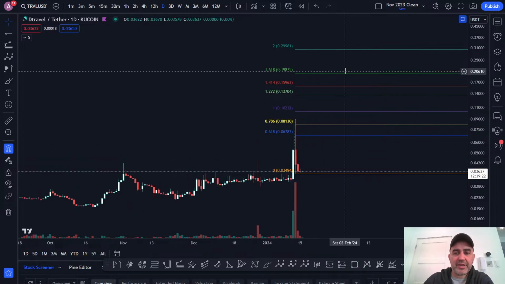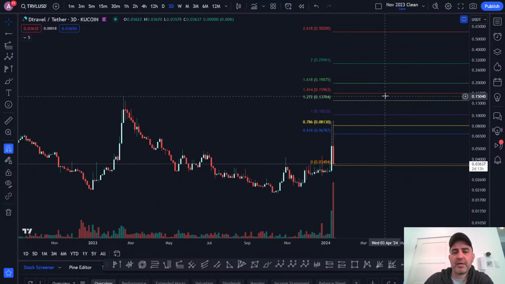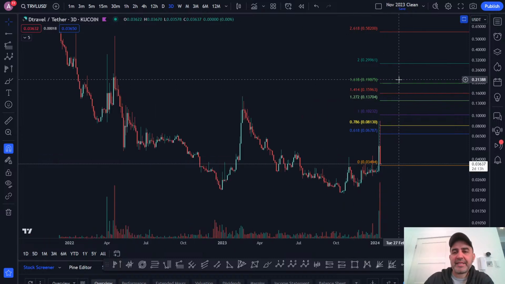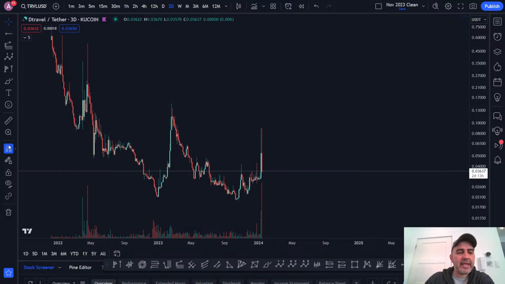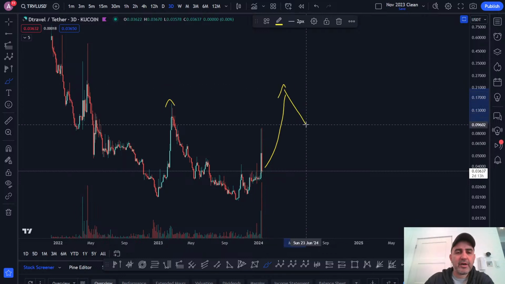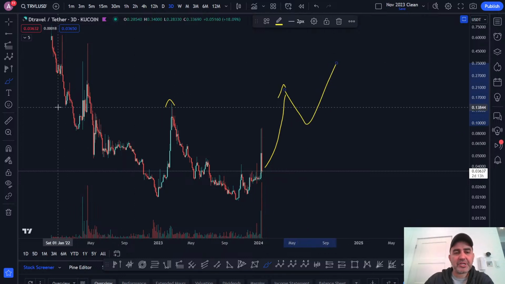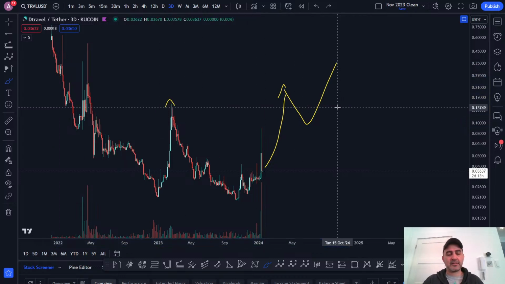I don't know how it would reach there. I can't say how fast or slow. And I think that would make sense in the higher time frame, because if we do manage to get up there, make a higher high, then we'd be looking for a higher low, and we'd actually be looking at a really bullish inverse head and shoulders pattern.